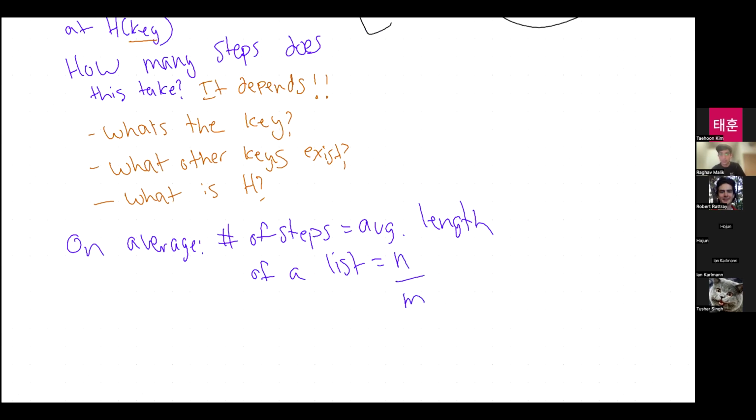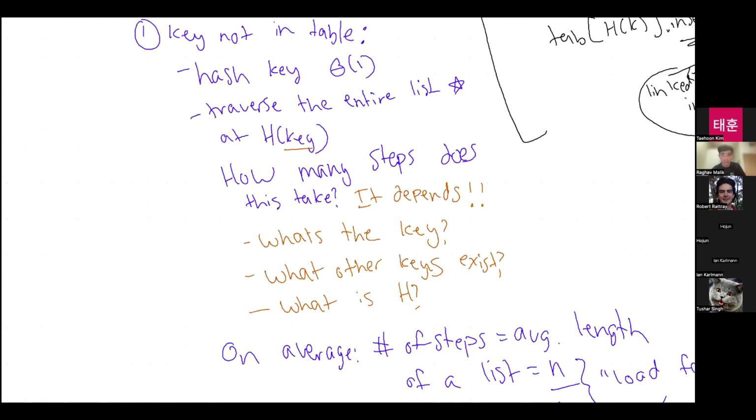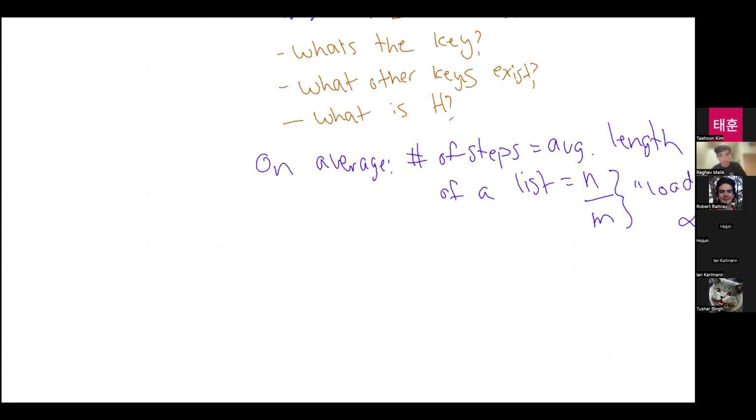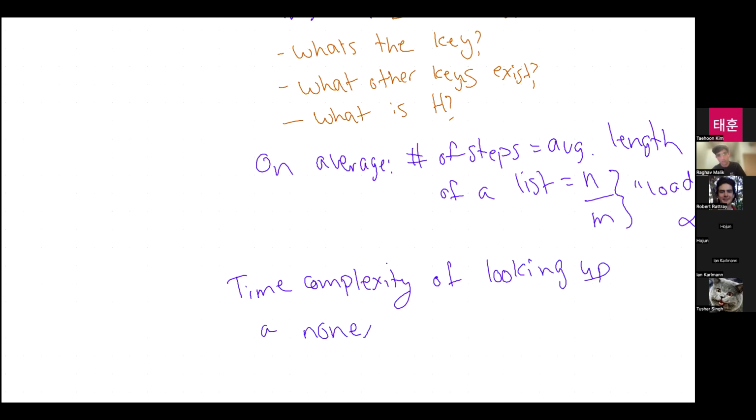This ratio is so important that we're going to call it the load factor, and we're going to give it a symbol alpha. So the complexity of looking up a non-existent key is theta of 1 plus alpha.